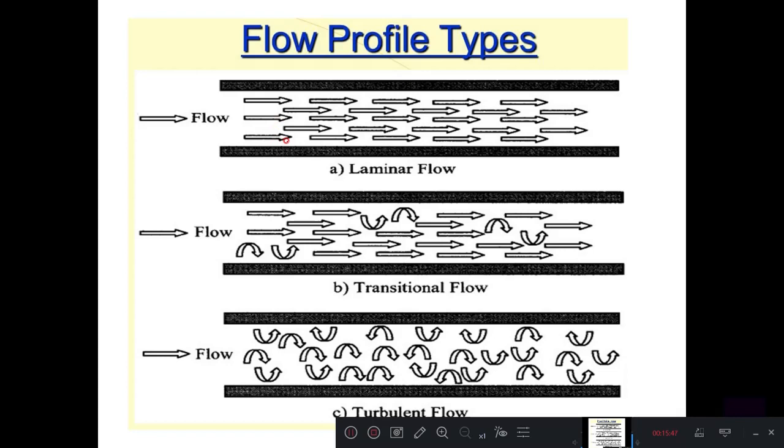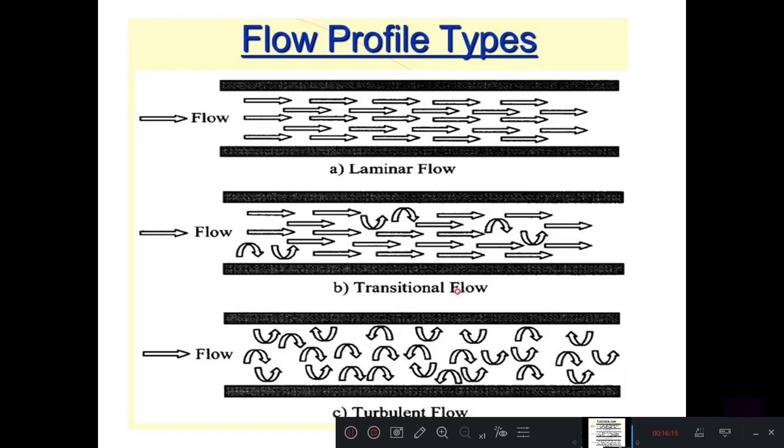The first profile shows laminar flow, where all the fluid particles are flowing in a well-defined path without mixing. They are parallel to each other. And next, the third profile is a turbulent profile, where all the fluid particles get mixed and move in an erratic manner. In between is one more state called the transitional state.